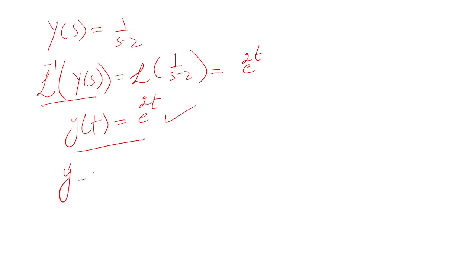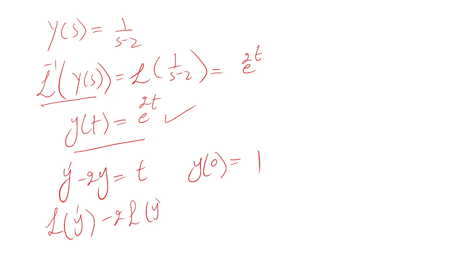y dash minus 2y is equal to t. Solve this equation with y at 0 equal to 1, using the Laplace transform. So we again apply the Laplace transform: Laplace transform of y dash minus 2 Laplace transform of y is equal to Laplace transform of t.